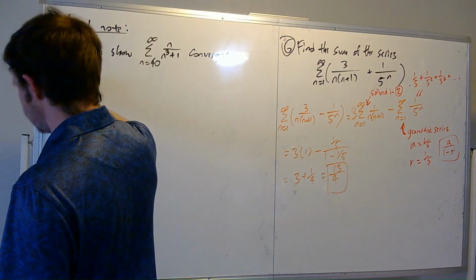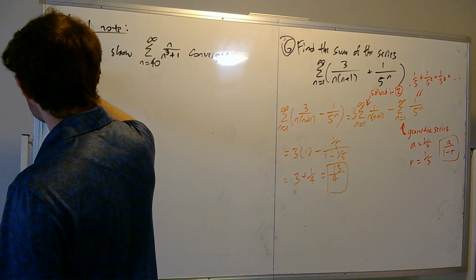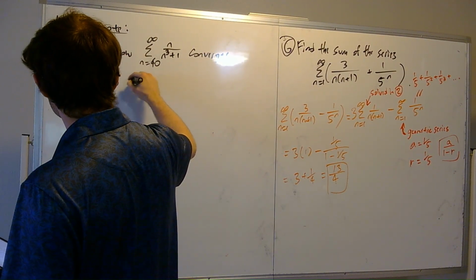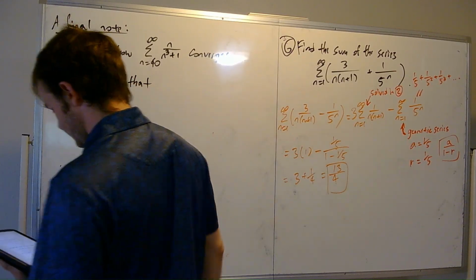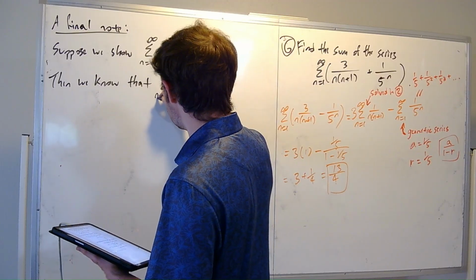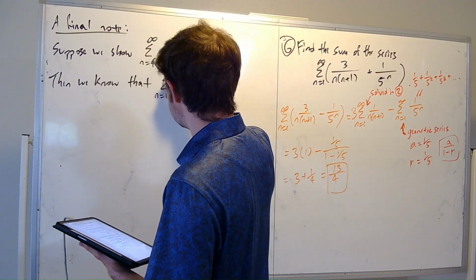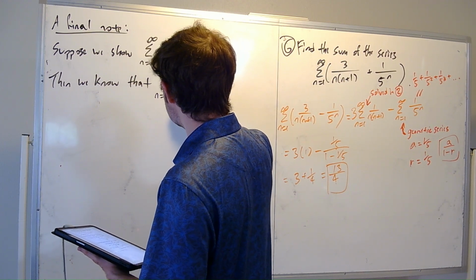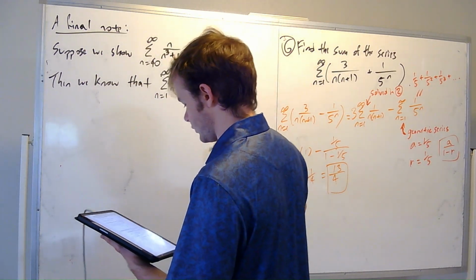Then we know that, so this would be the sum from n equals 1 to infinity of n over n cubed plus 1, converges.